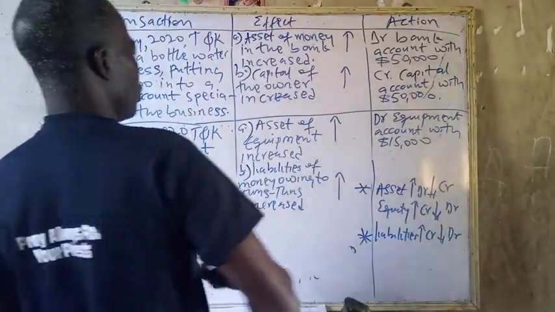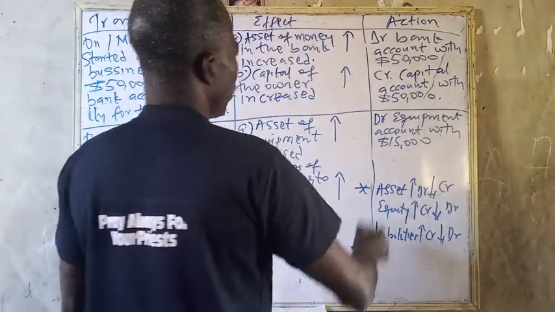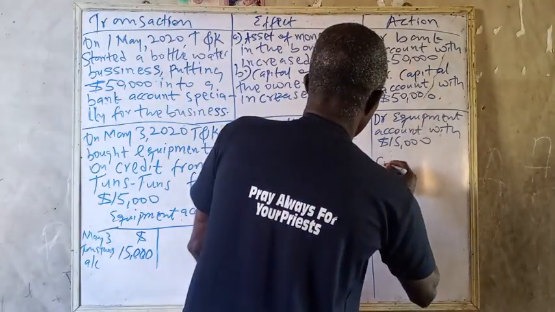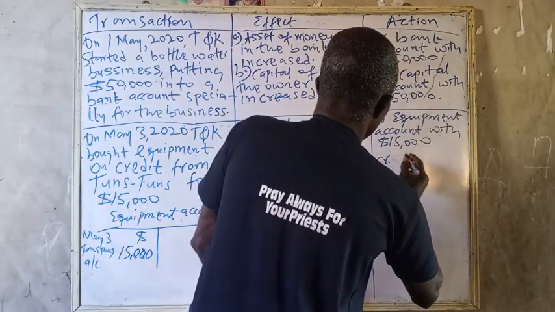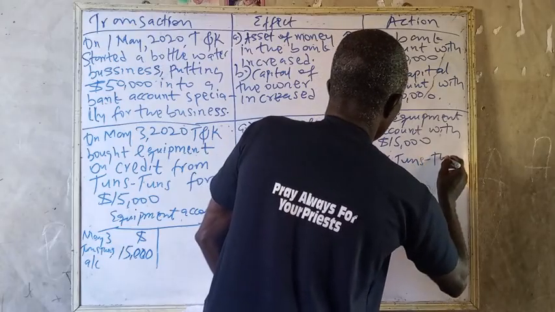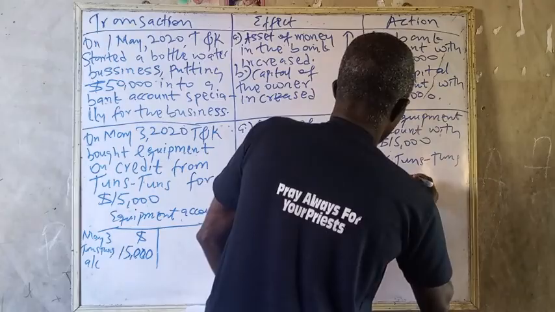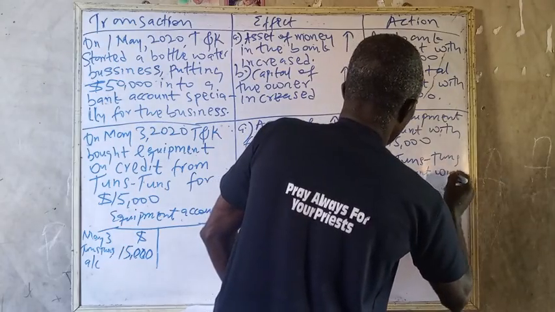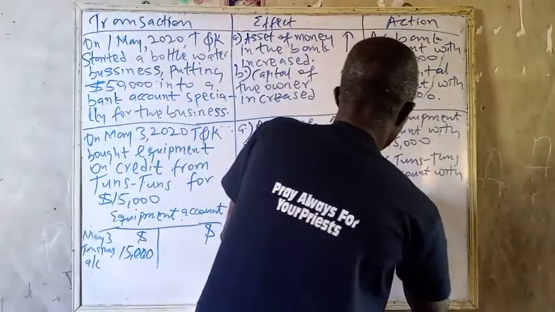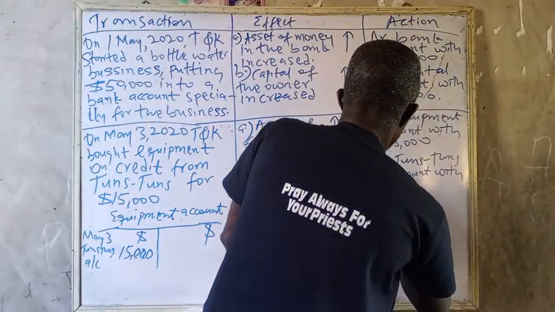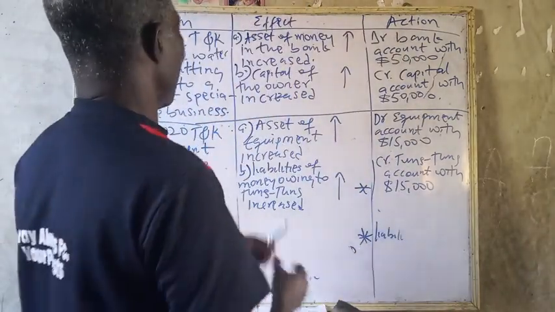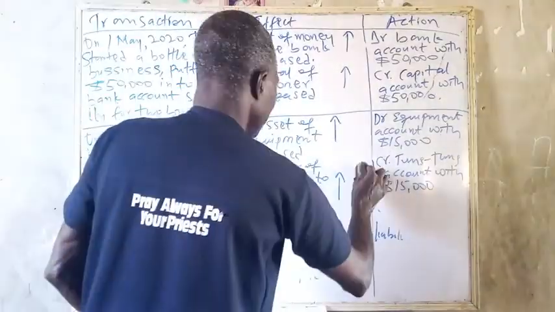You put an arrow to show increments. So what is the action to take regarding the liability? You credit Tunsun's account with $15,000. So that is the second example.